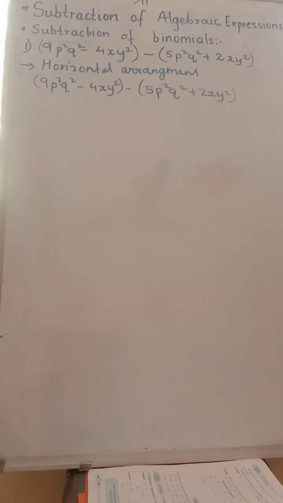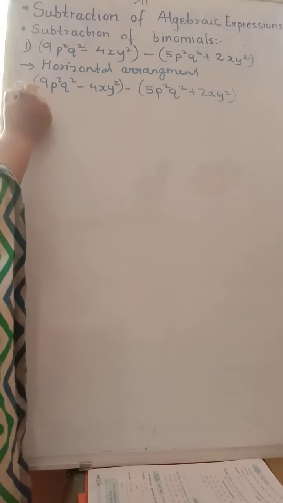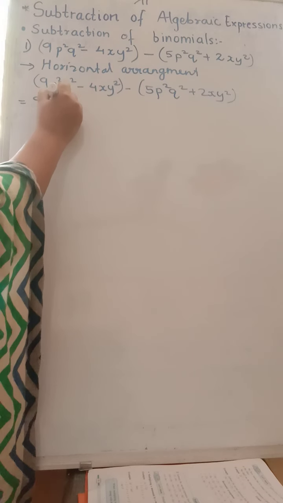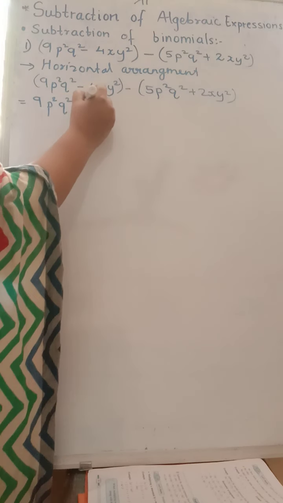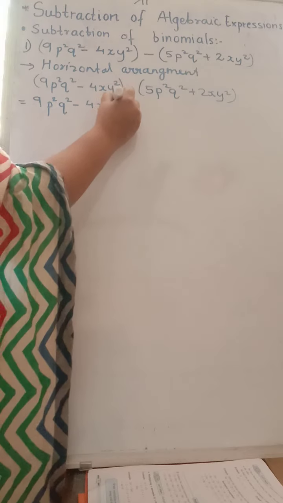Okay, now I have written the expressions. So here the first expression will be written as it is, that is 9p square q square minus 4xy square.